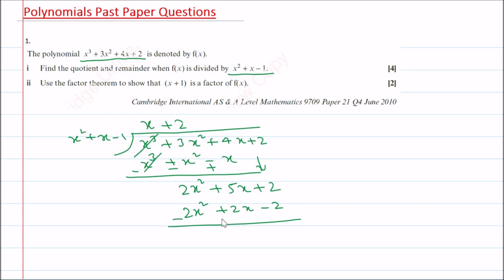So change the sign, minus will be plus. 2x square cancels out, 5x minus 2x is 3x, and 2 plus 2 is 4. So 3x plus 4. Now we cannot divide it further because the degree of the divisor is higher than the degree of the remainder. So we'll stop dividing here.